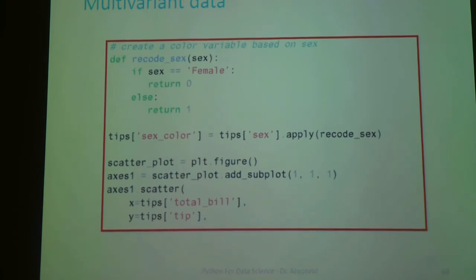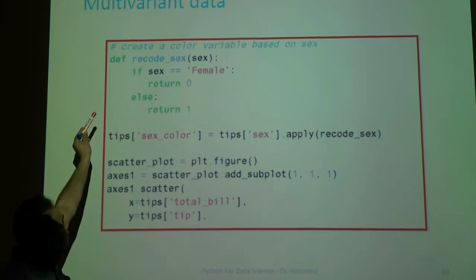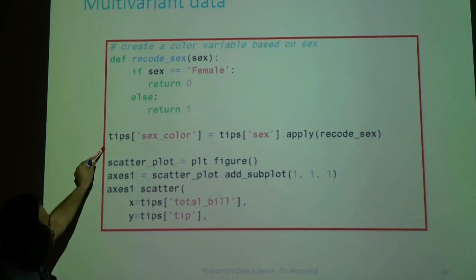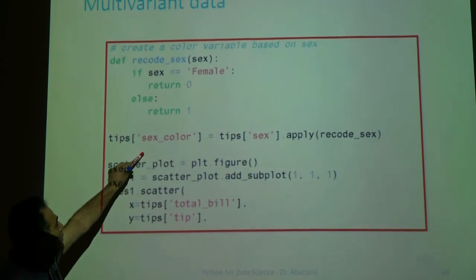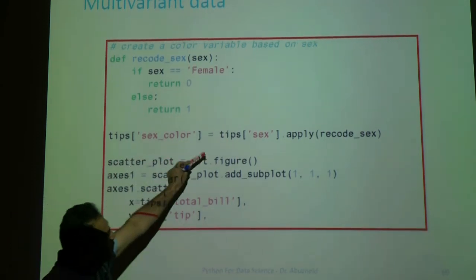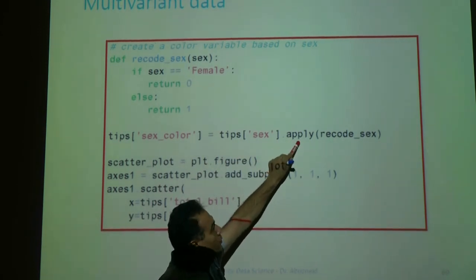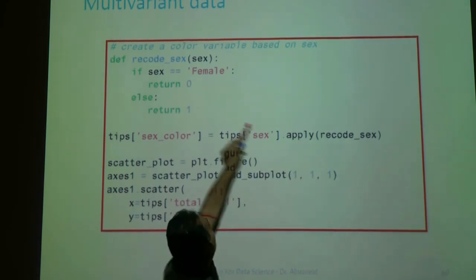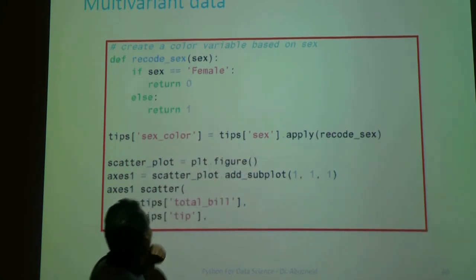So in here you define, for example, to determine, like for example the record, okay, if sex equals female, then return 0, else return 1. So tips, creating a column here, sex color, tips, sex, apply. We're gonna talk about apply in the next chapter. You could apply a function on a column. So apply, okay, and apply the function, and it will give you either 0 or 1 for the values.